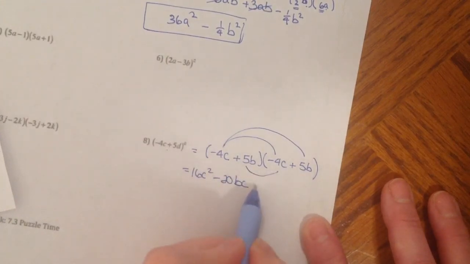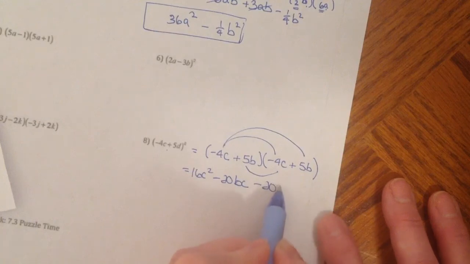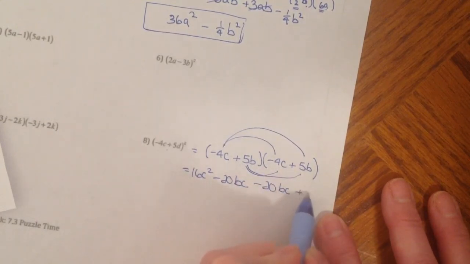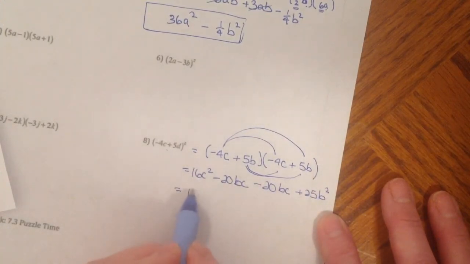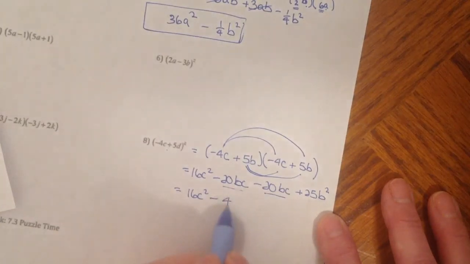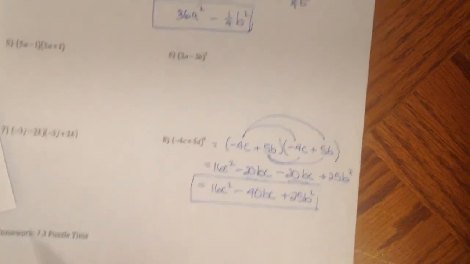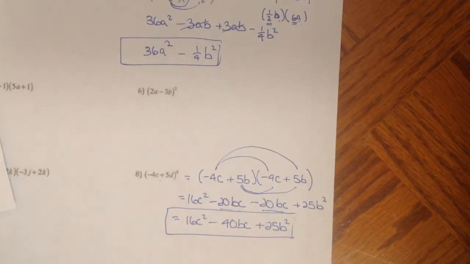Inner times inner would be minus 20 bc. And then last times last, 5 times 5 will give us 25, and b times b is b squared. All right, so 16c squared. Now be careful, these aren't opposites. Negative 20 plus negative 20 is negative 40. And then 25b squared.